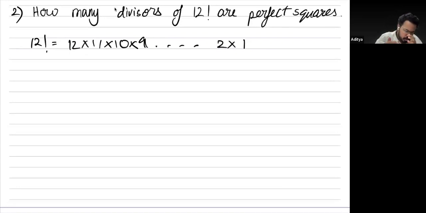I hope some or all of you know how to find the number of divisors. I think that is known to everyone.